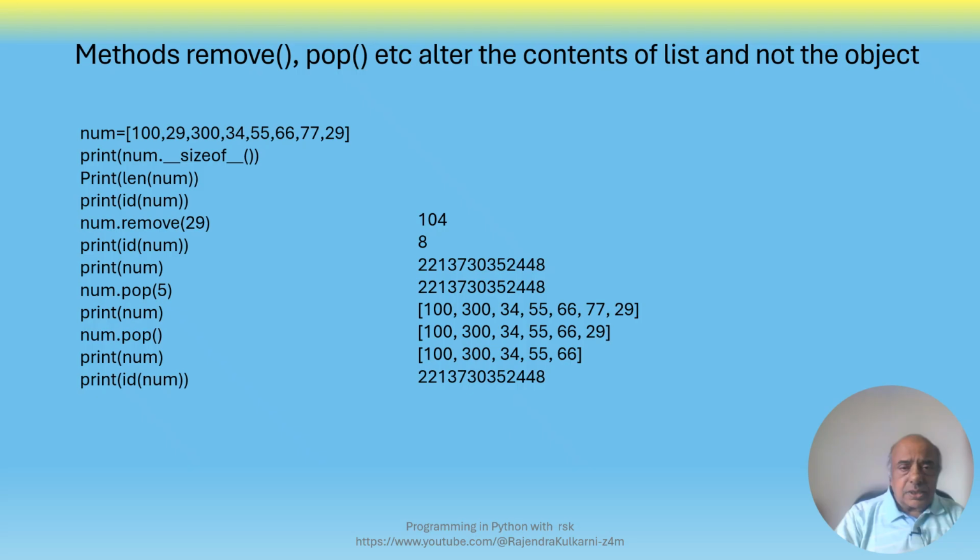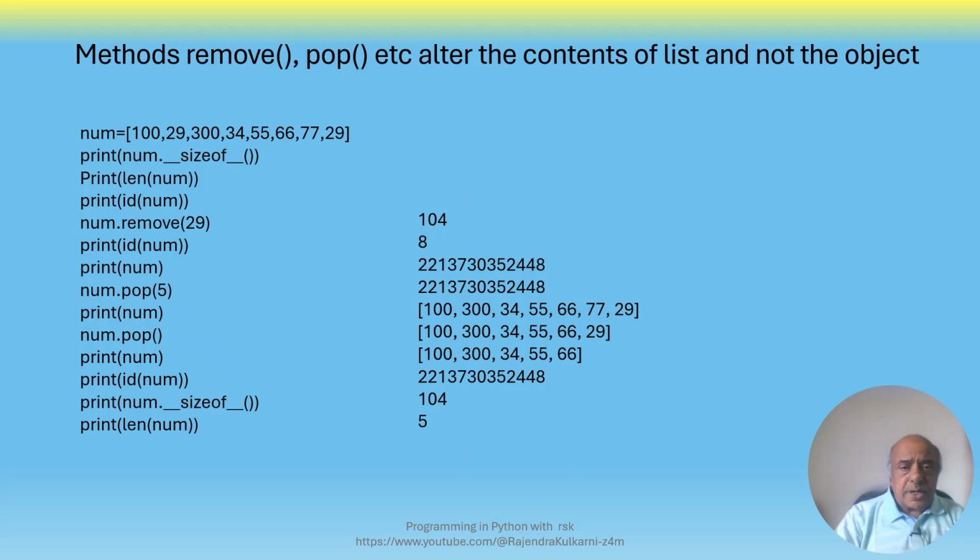Earlier the list had 8 items in it, and now after all these modifications using remove and pop, we see 5 items remaining, but still the memory occupied by the list remains the same.